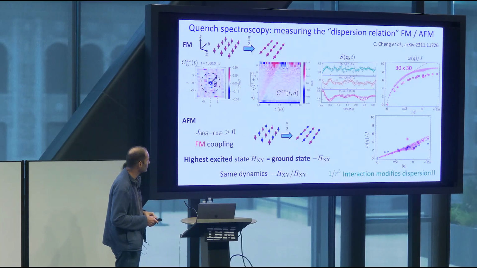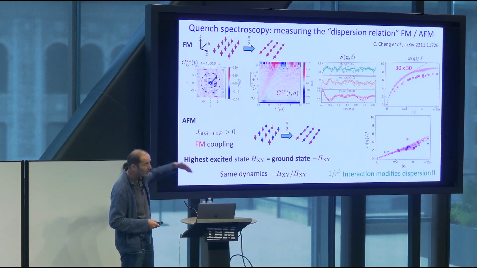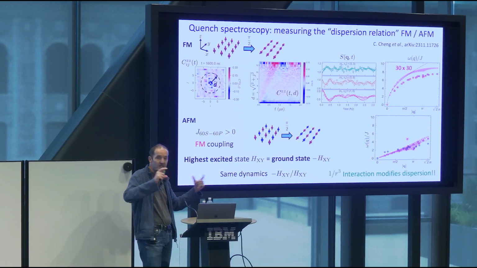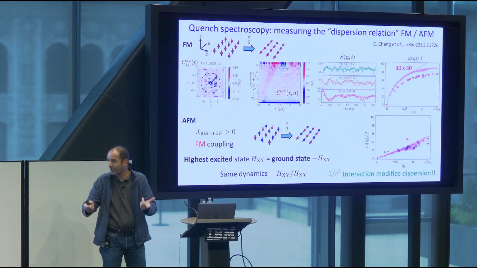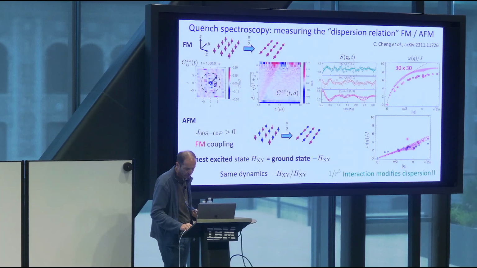So this 1 over r cube does modify the dispersion relation. What is interesting here is that irrespective of the sign of the interaction, by playing this trick that the closed system H and minus H have the same time evolution, you can do a comparative measurement of two situations. Okay, so that's all I wanted to show you here.